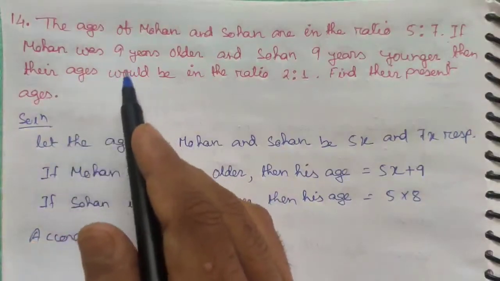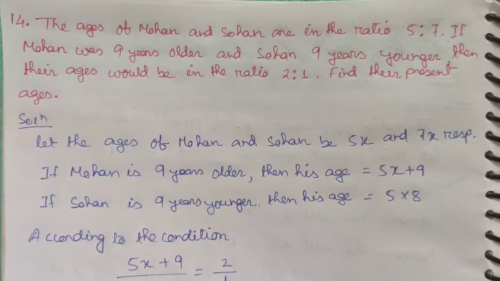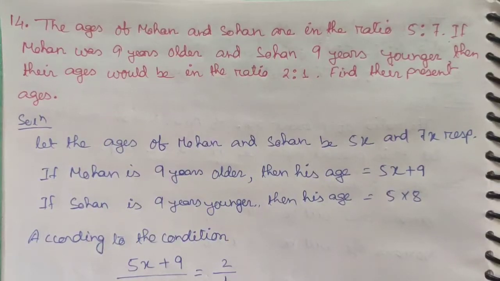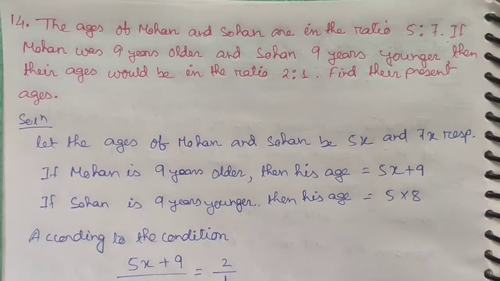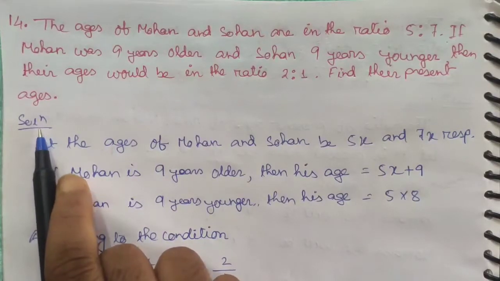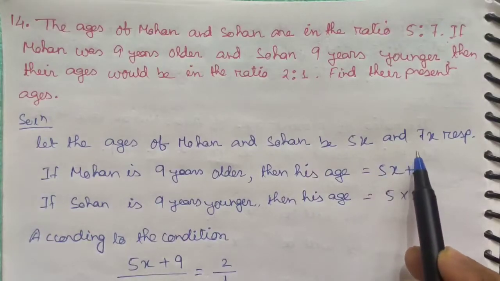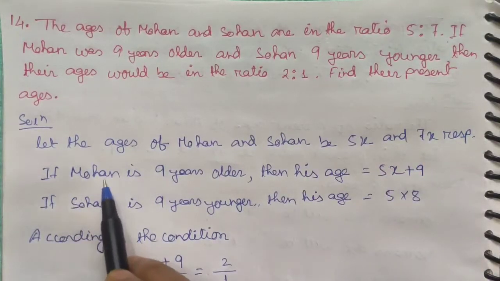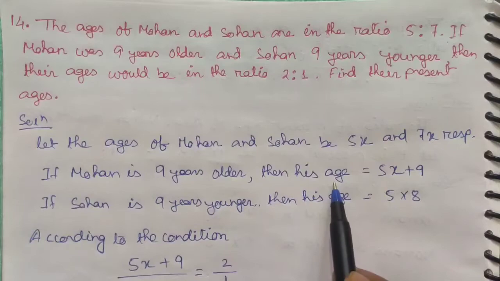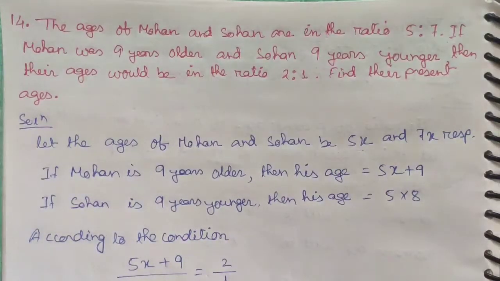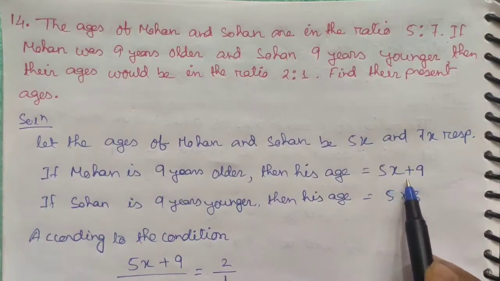And 9 years older means what? Suppose his present age is x. If he becomes 9 years older, it will be x plus 9. And Sohan younger by 9 years, we will subtract 9 from his present age, right? So now the solution: let the ages of Mohan and Sohan be 5x and 7x respectively. If Mohan becomes 9 years older, his present age is 5x, so it will be 5x plus 9.